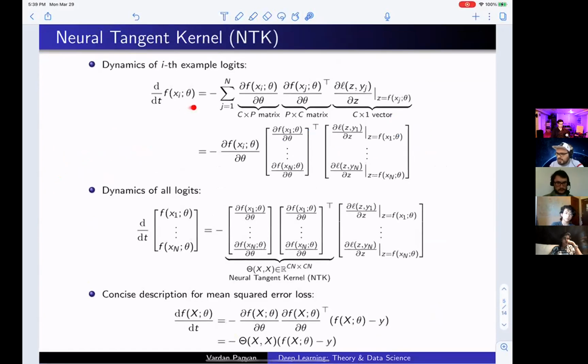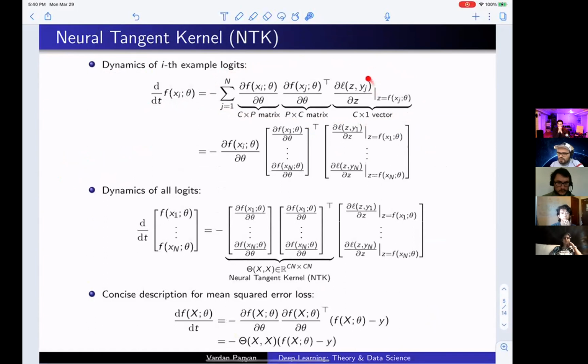So again, df to dt, dynamics of the logits of the ith example xi are equal to this thing from the previous slide. Again, let us make sure that we understand the dimensions. Dimensions are the most important thing to keep track of in life.